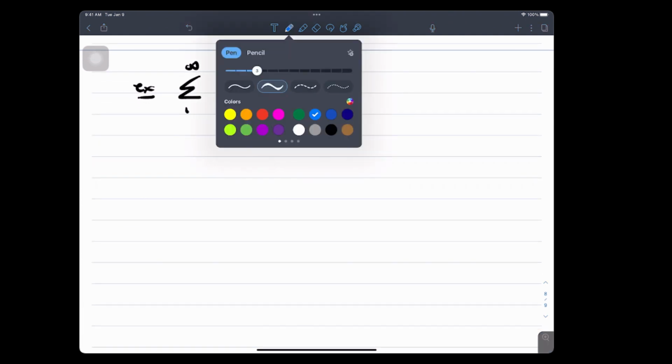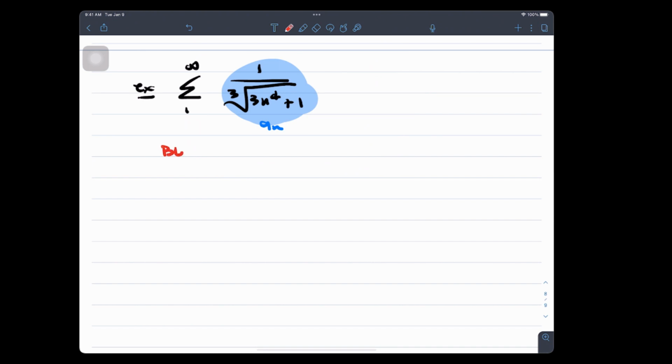So this particular series, what does this behave like? If I remove the constant, that 1 over the cube root of what? n to the 4th?